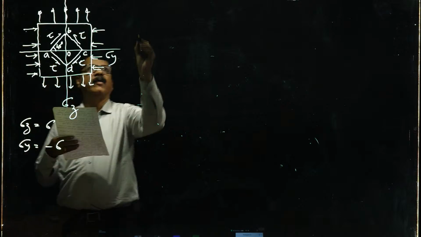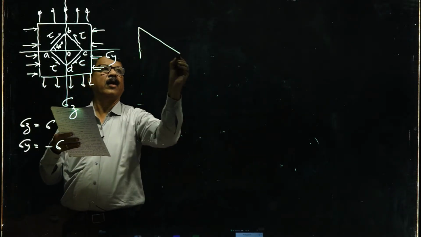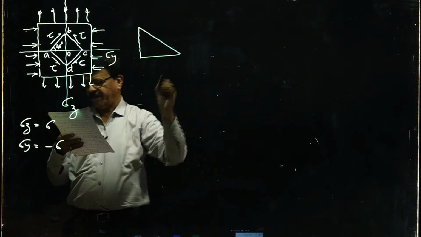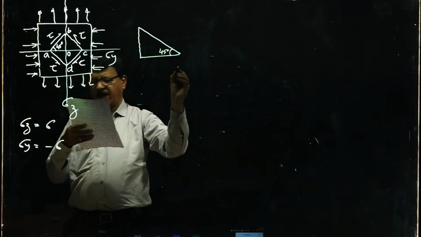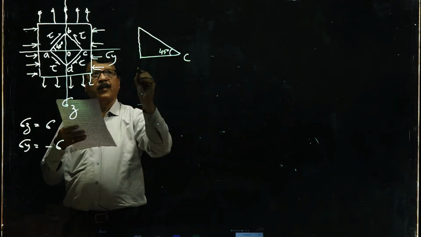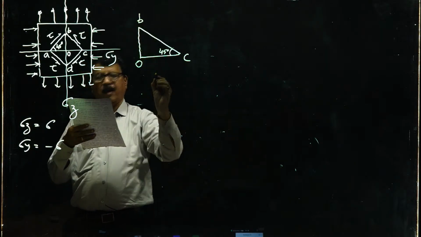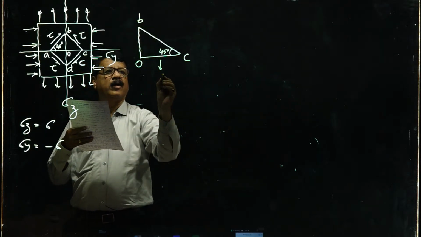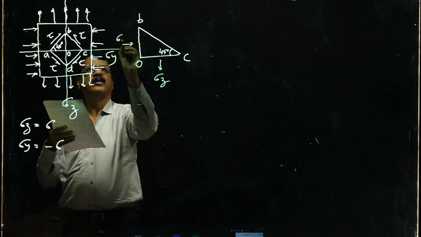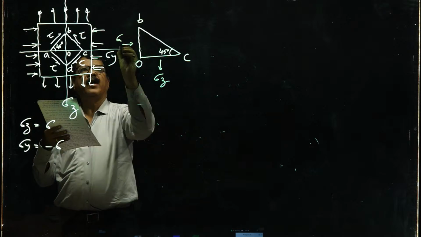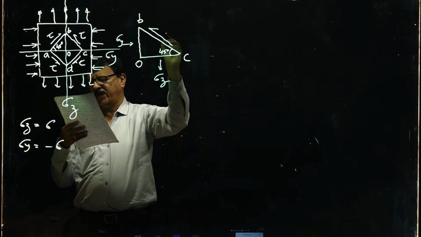Now you can draw this triangle, C O B, with sigma z, sigma y, and the shearing force tau.